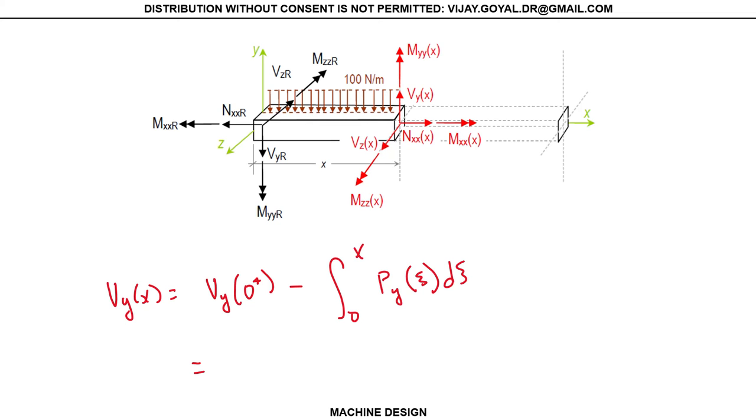That was minus 100. So this value was minus 100 minus 0 to x. This is 100 dξ. If you solve for this, it will give you minus 100 plus 100 times x.